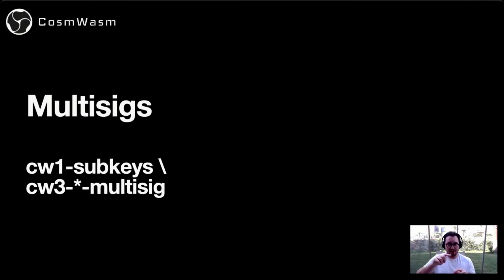If n out of k, that's how it's called. So let's say this multi-signature is 2 out of 4, at least 2 keys must sign. Of course, it does not have to be k out of n. We can make more complex logic there.